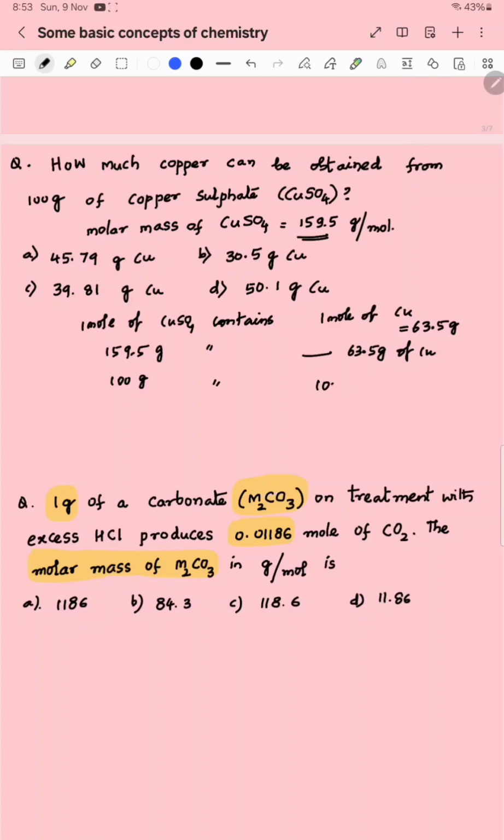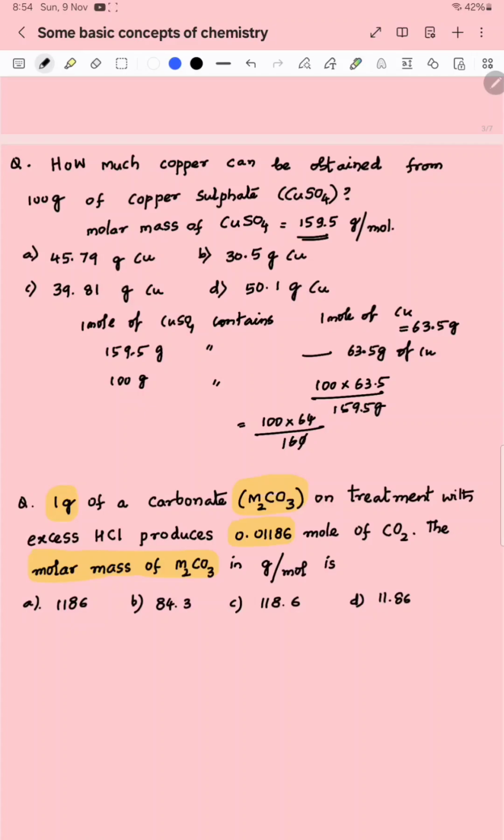So we will use the unitary method: 63.5 into 100 divided by 159.5 gram. We will do the simplest process. 100 you can keep as it is. This 63.5 you can write as 64, and 159.5 we will write as 160.